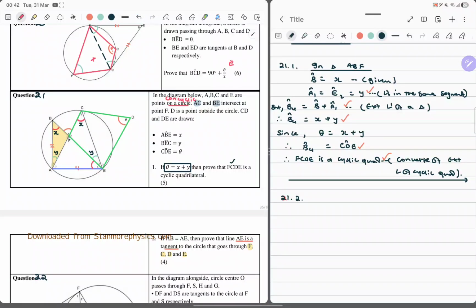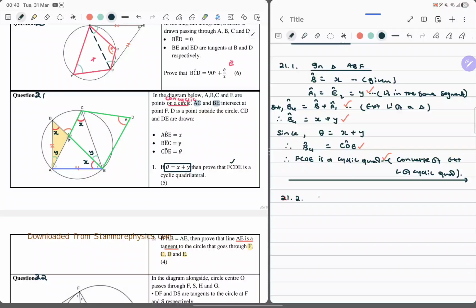But how do we do it? We know that if these two sides are equal, these are equal chords, so they should subtend equal angles. Now we're going to use the angles in the same segment to get to C1, because as much as we showed it, we didn't justify it as yet. And then we're going to use E2 again. We justify that. Then we say these two are equal.